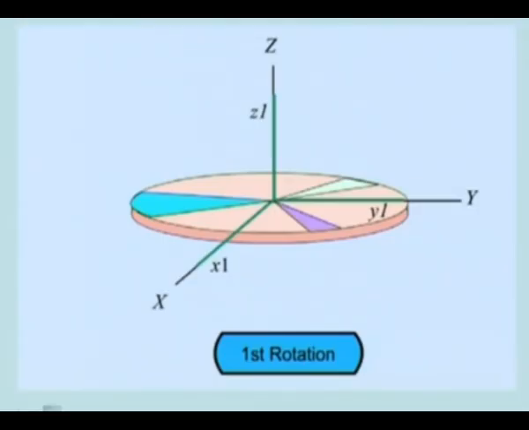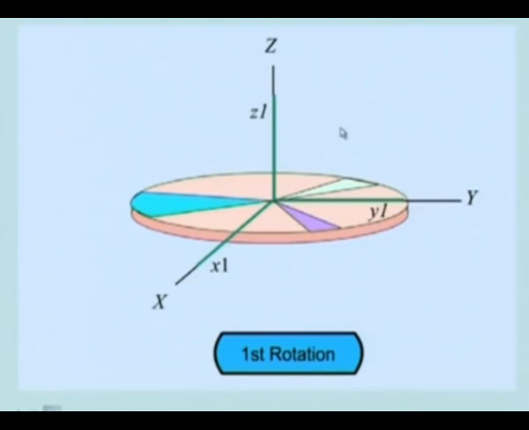Euler angles are defined as 3 successive angles of rotation. Many conventions are followed, but the sequence implied here starts by rotating the initial system of axes x, y, z by an angle alpha about the x axis. The resulting coordinate system is labeled x2, y2 and z2. Now the z2 axis is the same as the z1 axis.